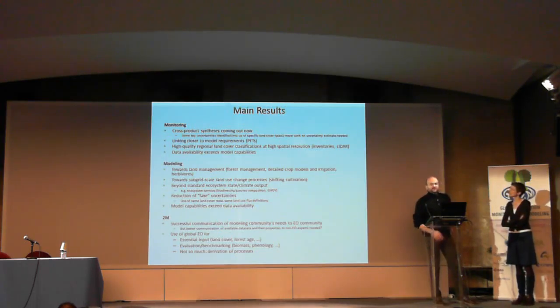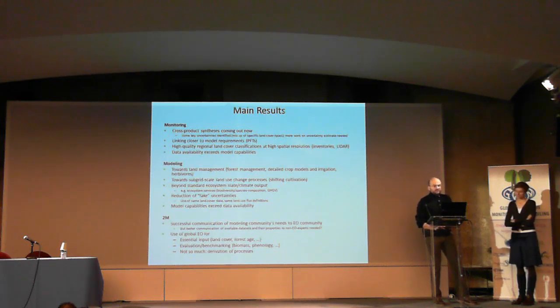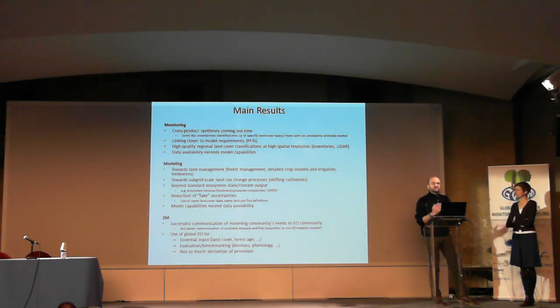Okay, so on the monitoring aspect, we talked about cross-product synthesis coming out now. For instance, there was this presentation from Valerio Abitabile trying to fuse biomass maps. It's an ongoing project. We heard about the land cover CCI project from Pierre de Fourny as well. They are about to release these global land cover maps.